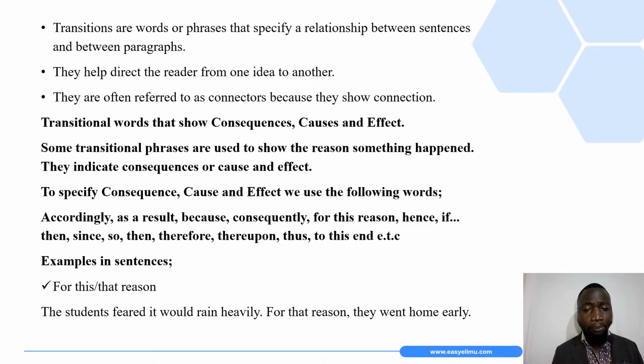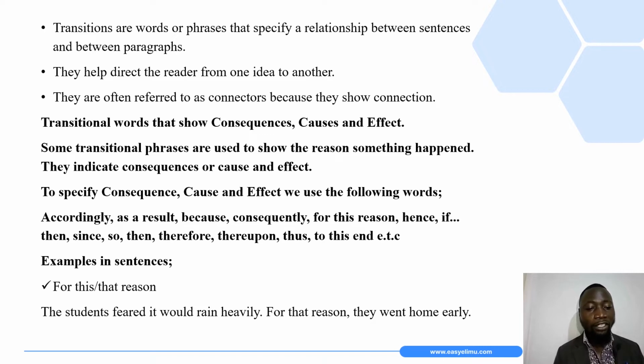As we always do, we must look at examples in sentences, using some of the words we have listed above. Let us start with the first one, for this or for that reason. It is a phrase commonly used to specify consequence.